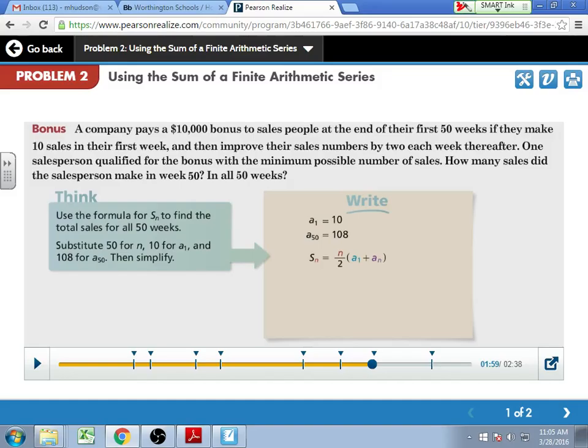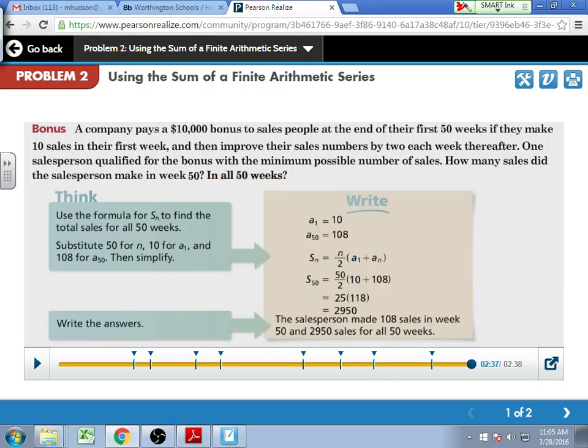Right, yeah? Yeah, 50 weeks. How many terms does that make us have? Makes us have 50. If it's 50 weeks, there's 50 terms. A term from the first week, a term from the 50th week. But that, just 1 to 50, if you count all of the numbers, there's 50. Because we're starting at 1. It's pretty easy.